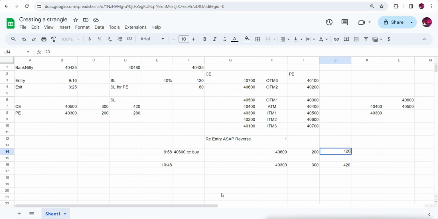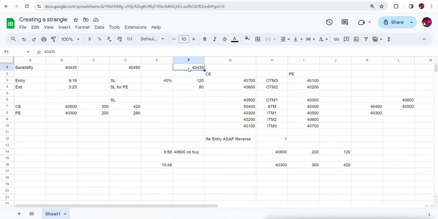Similarly, now assume the put option side, our put side strike 44,300, whose stop loss was 280. It hit at 10:48. Now at 10:48, instantly it will check the Bank Nifty spot price. So assume the Bank Nifty spot price was 44,350.